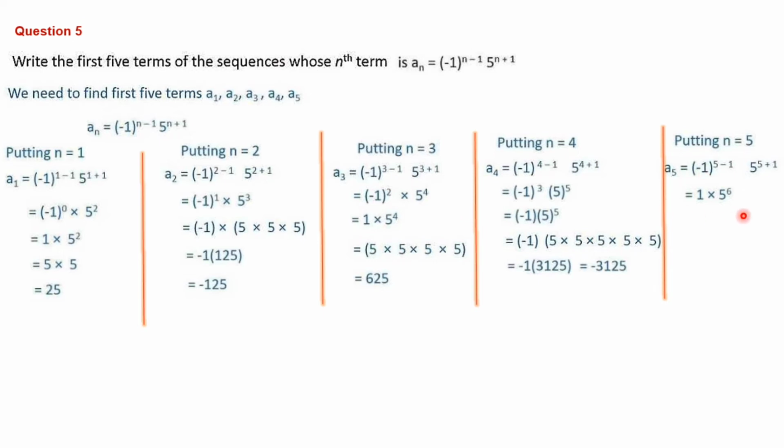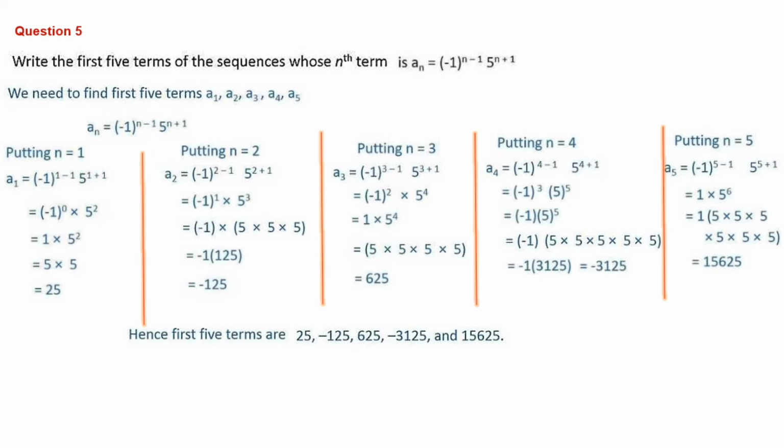Then 1 into 5 power 6, multiply 5 6 times. When you multiply 5 6 times, you will be getting 15,625. So the sequence, first 5 terms: 25, minus 125, 625, minus 3125, then 15,625.